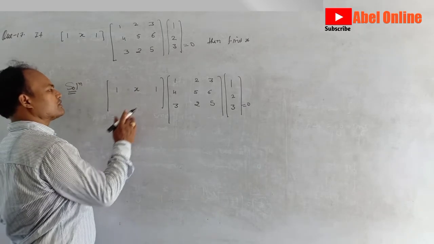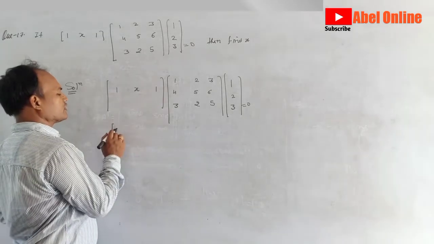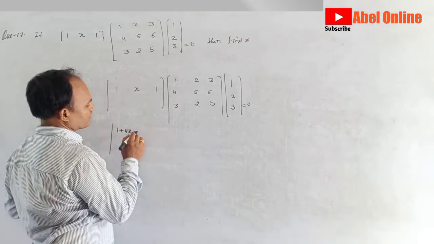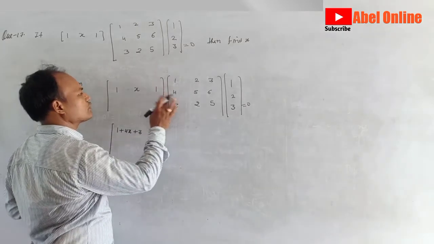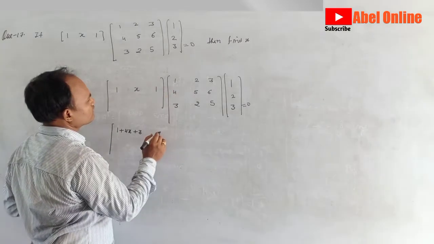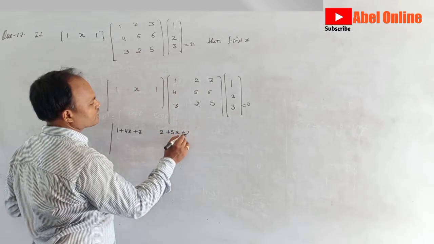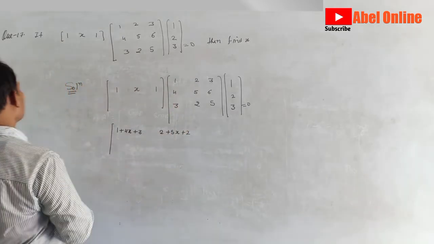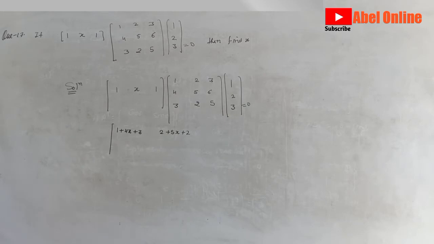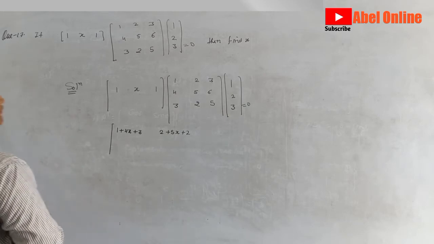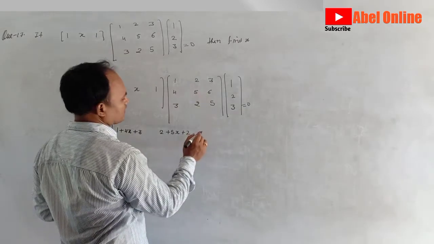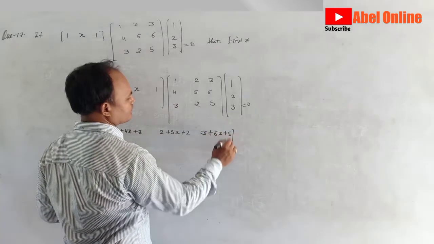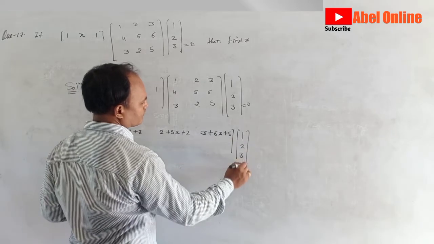When we multiply them, it is 1 plus 4x plus 3, 2 plus 5x plus 2, and 3 plus 6x plus 5, multiplied by the column 1 2 3 equals 0.